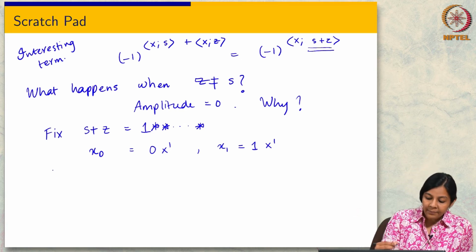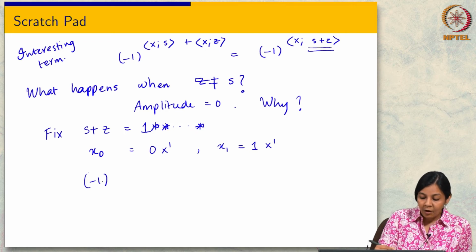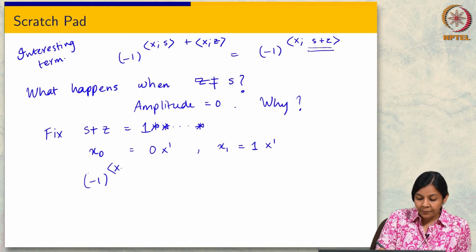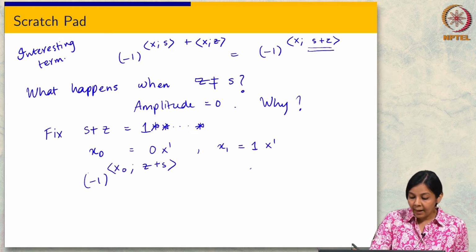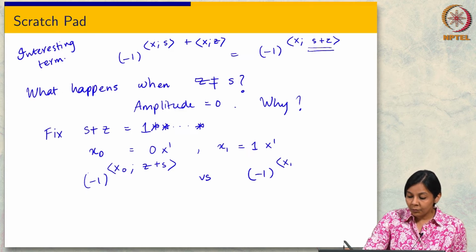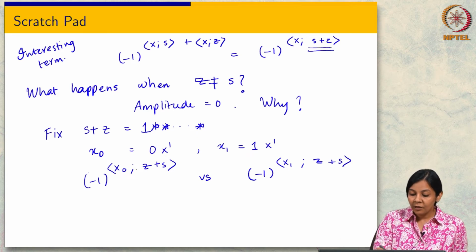My claim is that if I think of -1 to the x0 inner product z plus s, and -1 to the x1 inner product z plus s, what do I get?